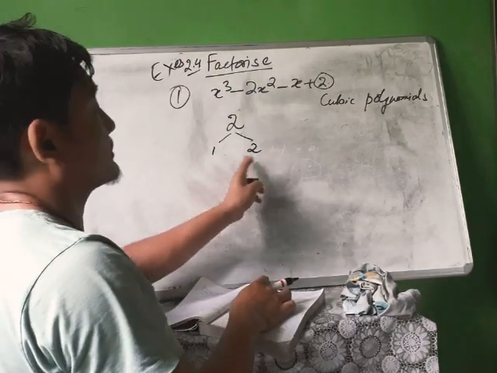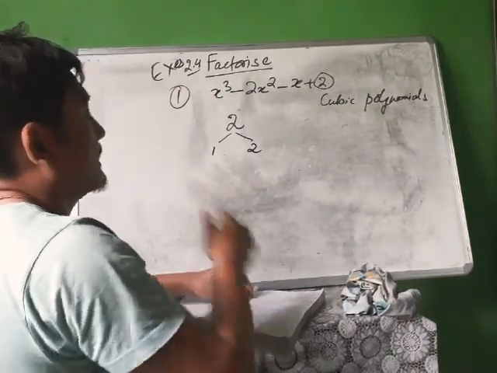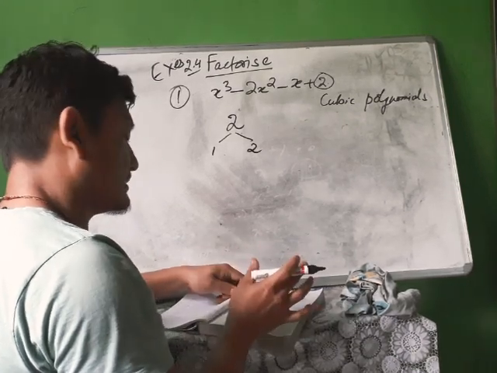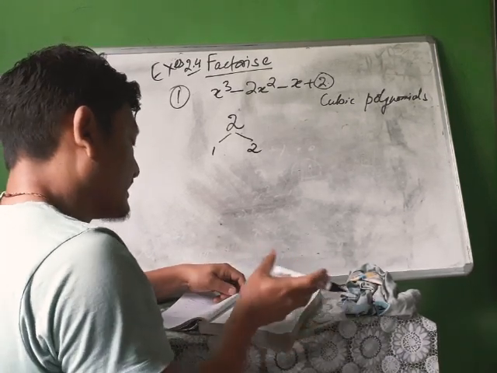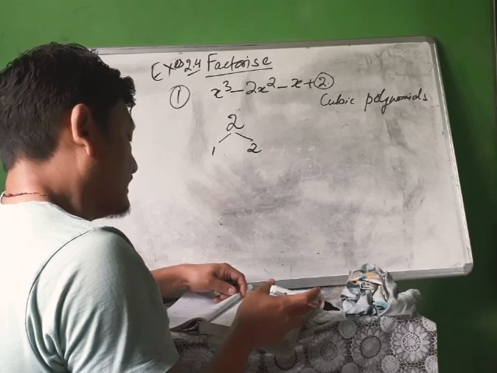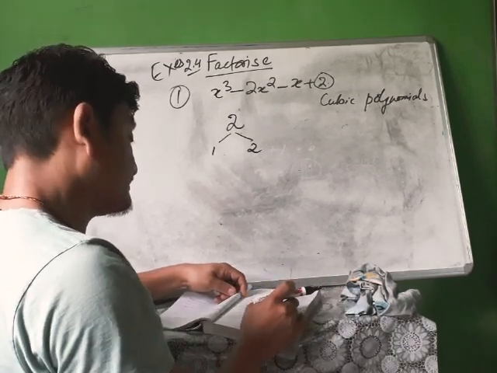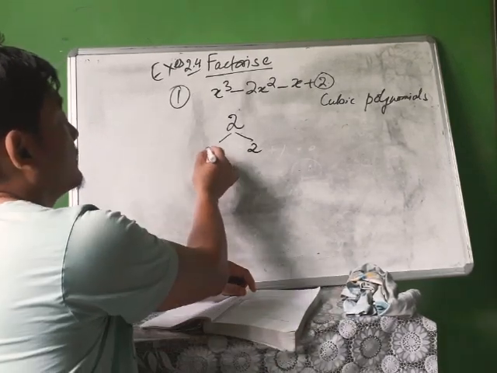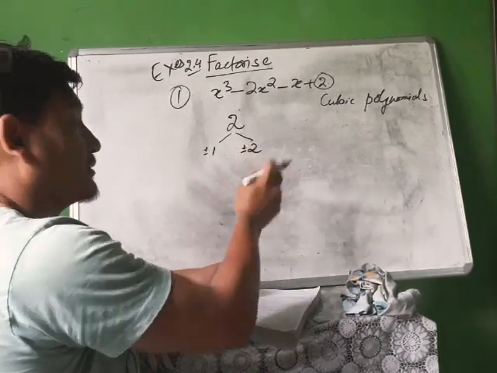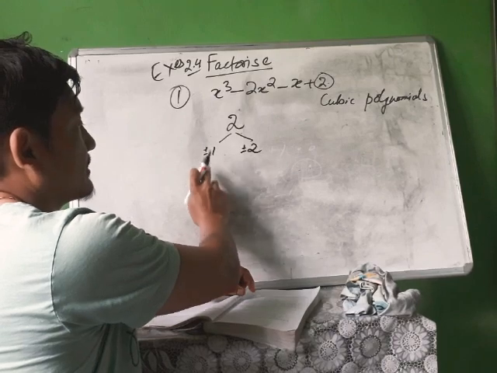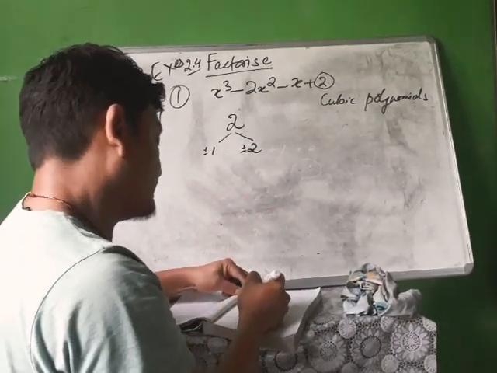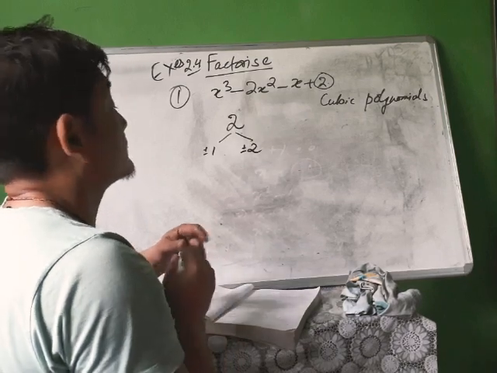So 1 and 2 are the factors. Here what we are going to do is, with the trial method, check the values plus 1, minus 1, plus 2, minus 2, to find a factor of the given polynomial.